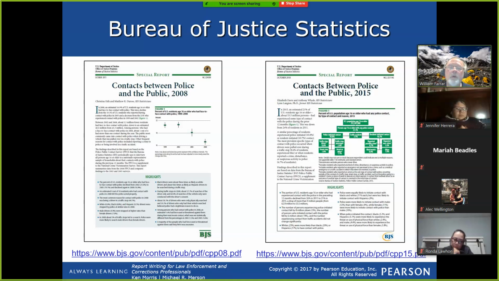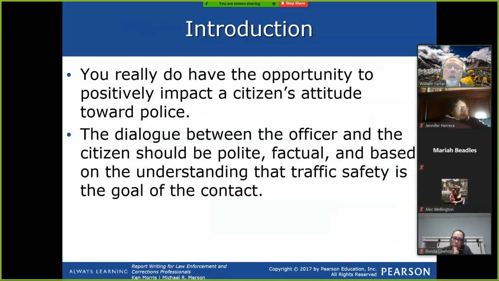There are a couple of reports in here that I put in. The one on the left is from 2008. The one on the right is from 2015, and it talks about contacts between the police and the public. So just for you to know. You do have an opportunity to positively impact a citizen's attitude toward police when you're talking to them.